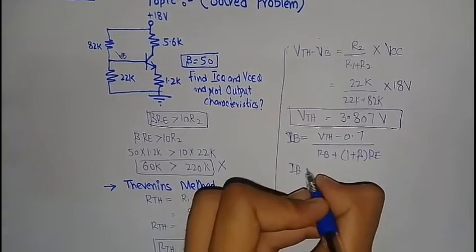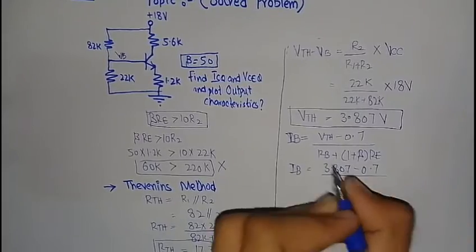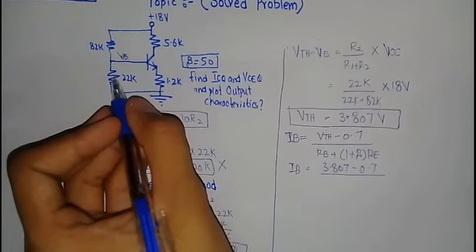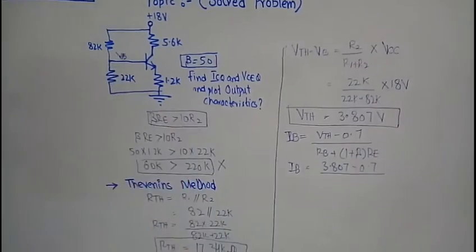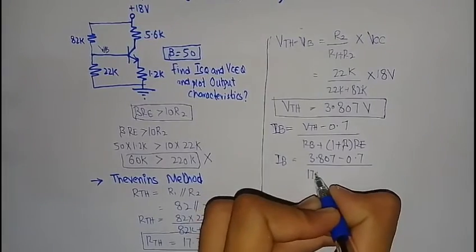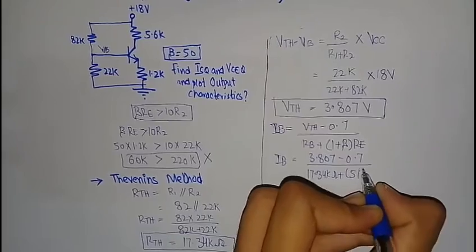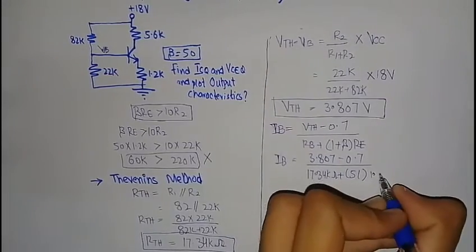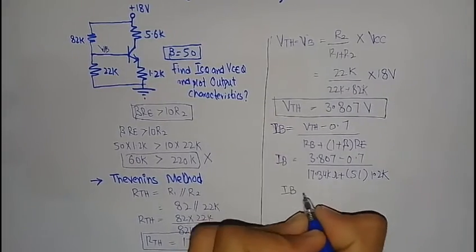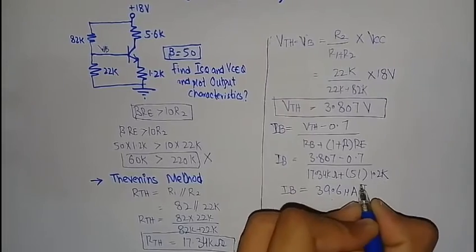So IB will be equal to 3.807 minus 0.7 divided by R Thevenin, which is 17.34 kilo ohms, plus 1 plus beta, which is 51, and Re of 1.2k. After evaluating, the base current is equal to 39.6 microamps.